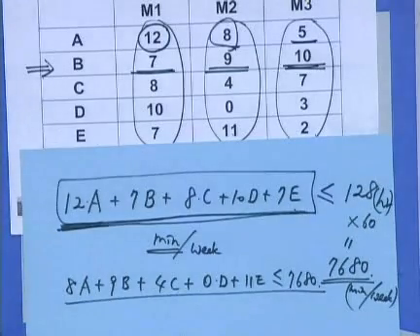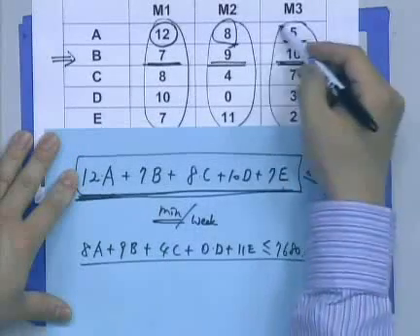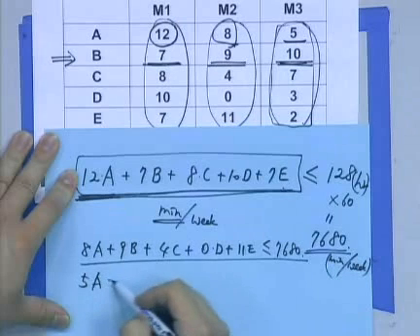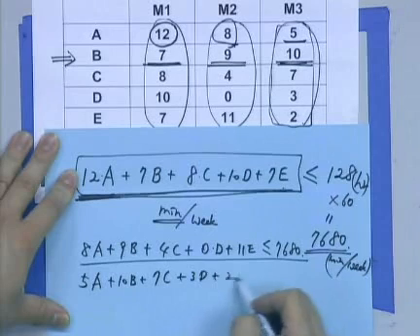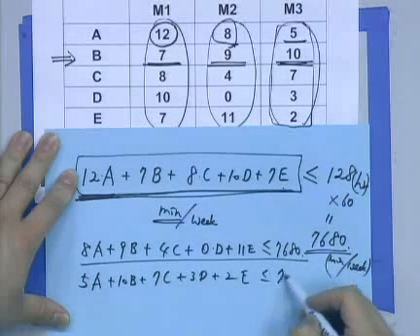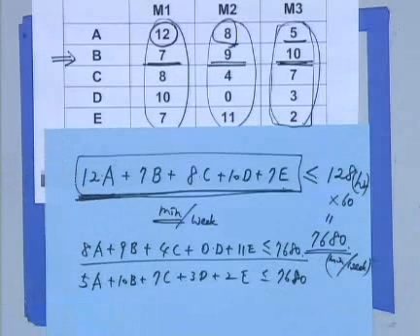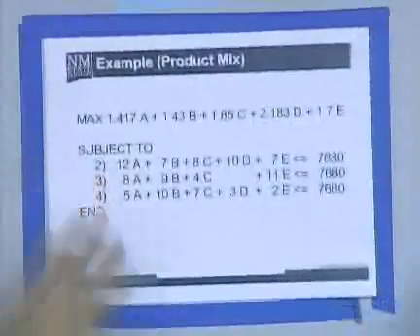These are for machine number 2, right? And the last constraint would be using the third column, 5A, 10B, 7C, 3D, and 2E. It's less than or equal to 7,680 minutes per week. Okay? And each decision variable must be non-negative, right?